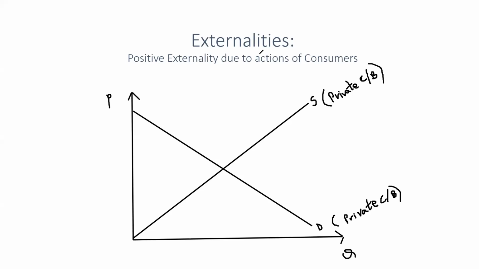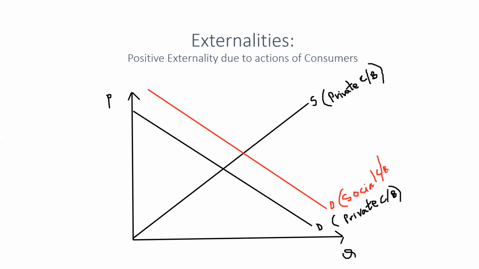Ready? When we are looking at a positive externality due to the actions of consumers, see, it is an action of a consumer. It's the demand curve that we're talking about, and it's having a positive externality. So when things are good, or favorable, the demand curve is going to shift to the right. So I'm going to show a right shift in the demand curve, and this D is going to show the social cost or benefit.